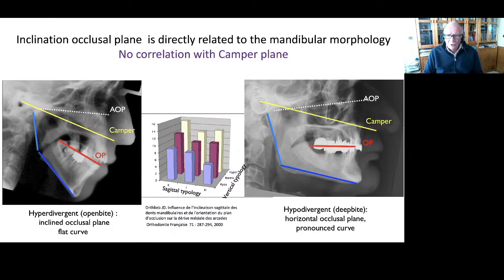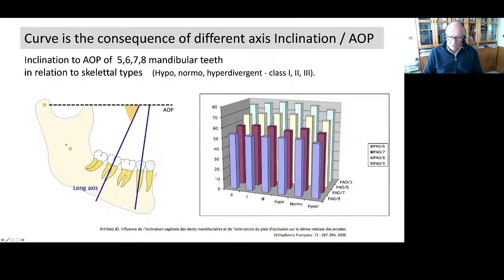The typology of the patient is really determinant of the direction of the occlusal plane. In an open bite case, the occlusal plane is inclined.